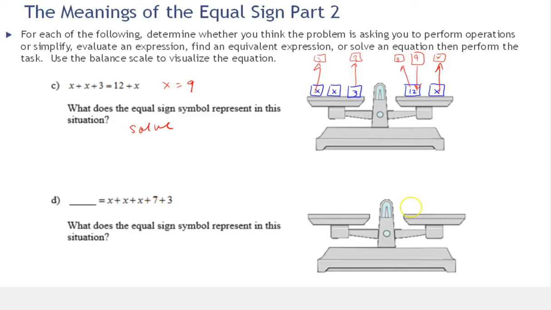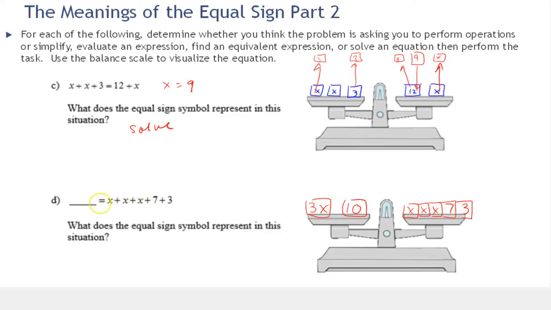Okay. So on the right, we have x, x, x, 7, and 3. Okay. So notice I have 3 copies of x, so I'm going to write this as 3x, and I can combine the 7 and 3 into one number, which is 10. They look better in boxes, so let me just put them in the boxes.